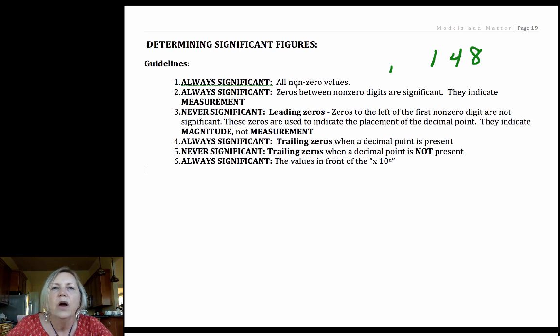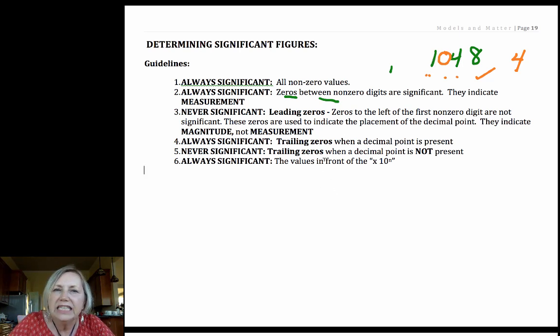Now, zeros between non-zero digits are significant. So if this had been 1048, this would have been certain, certain, uncertain digit, 4 sig figs. If it's a zero sandwiched between two non-zero values, then it's considered a significant figure.